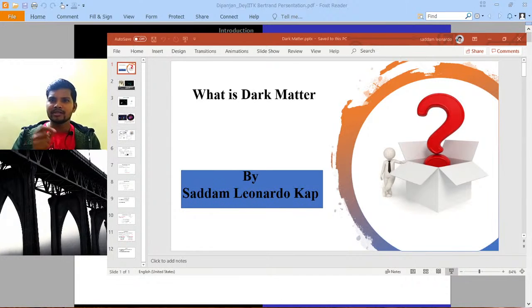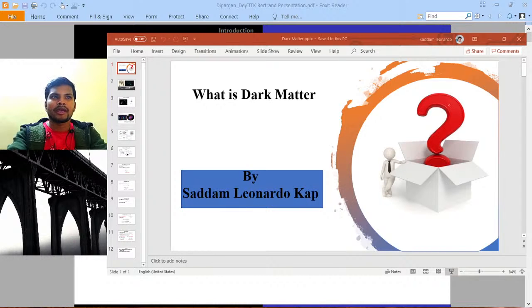When he tried to measure the velocities of the dwarf galaxies, what did he find? He found that something interesting, something fishy, was going on. For example, suppose this is our solar system, and here is the sun.